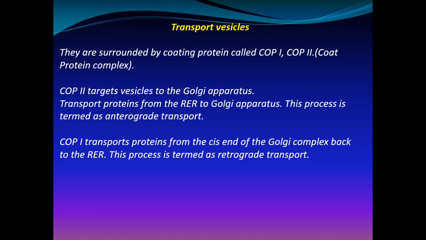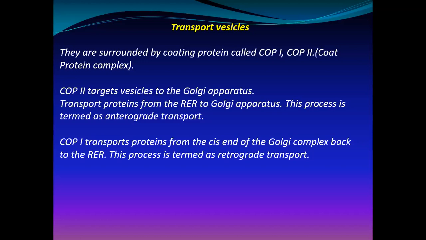Some of the post-translational modification takes place in the RER, and some takes place in the Golgi. So from the RER, the protein goes to the Golgi for post-translational modification. Who is involved in that? COP2 is involved. Once the modification is done, from the Golgi apparatus it goes back to our RER.